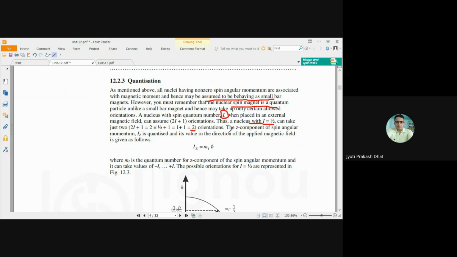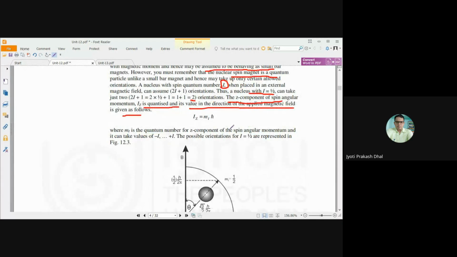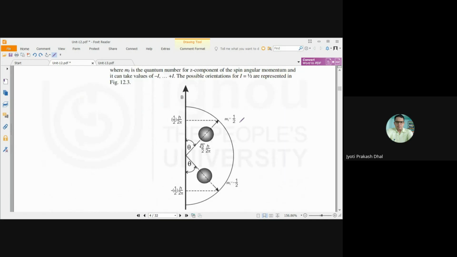The Z component of the spin angular momentum Iz is quantized, and its value in the direction of the applied magnetic field is given as Iz equals Mi h cross, where Mi is the quantum number of the Z component of the spin angular momentum, and it takes the value from minus I to 0 to plus I, and the possible orientations for I equals half are plus half and minus half.